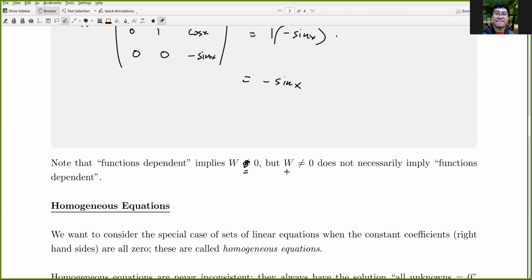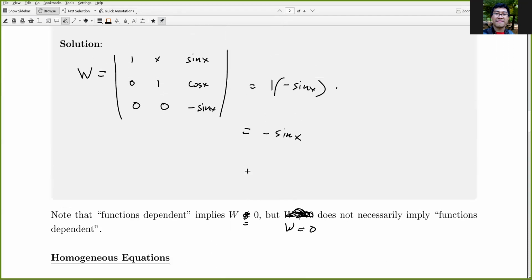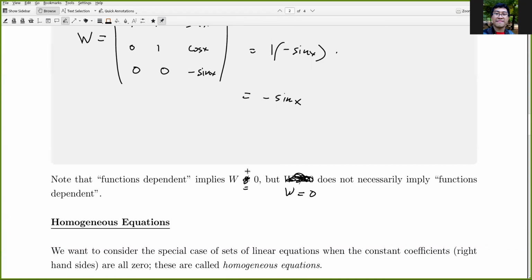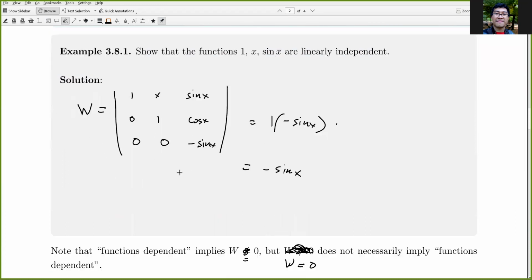But in times when we get W equal to 0, it doesn't automatically mean that our functions are dependent. Sometimes you may be asked to show that functions are dependent, so you can make use of this Wronskian.